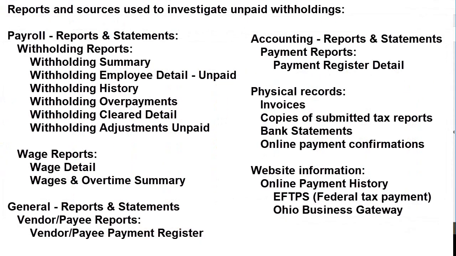I hope you've made note of the various reports that we used for our investigation, and don't forget, you have to use your physical records, and when you make online payments, you have to go to websites and check amounts that were paid in order to completely understand what has gone wrong and then know how to correct the problem.